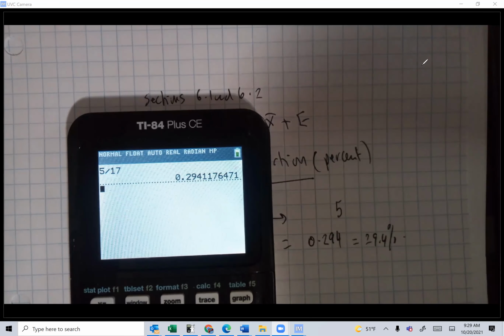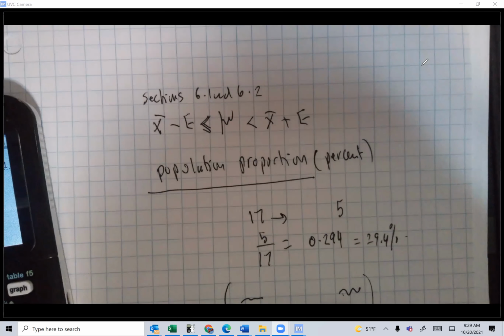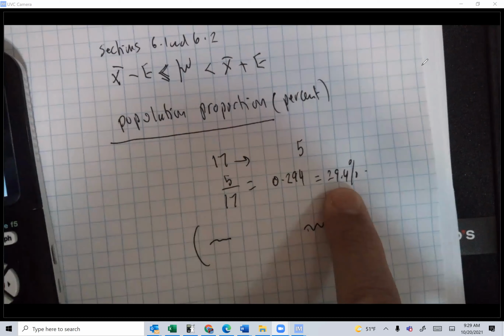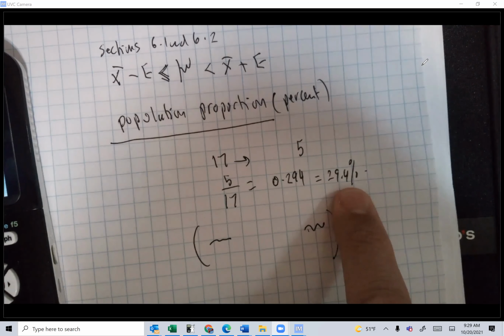But instead of finding the actual percentage, guys, we can find an interval with a lower percentage and a higher percentage, where we suspect the true percentage of students who eat breakfast before they come to the college lies between those two values. The true percentage could be lower than 29.4, could be higher than 29.4, and it could be 29.4.